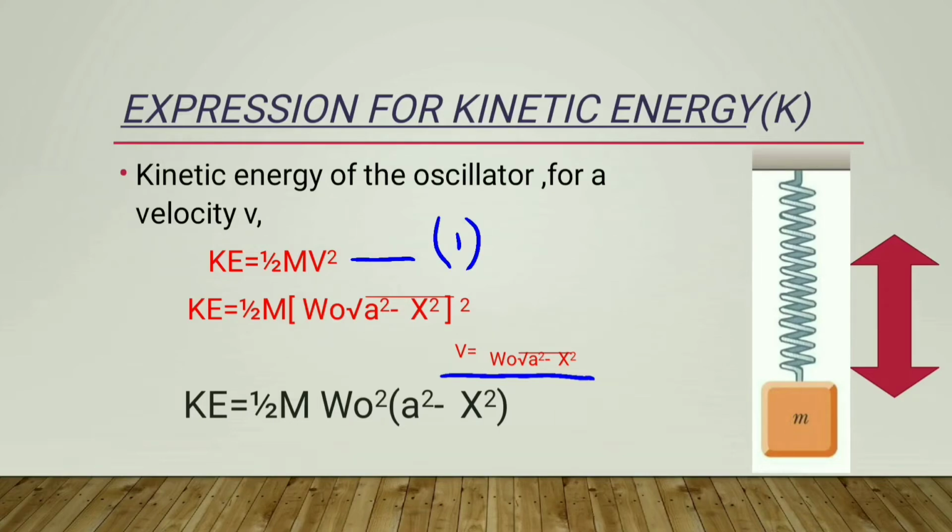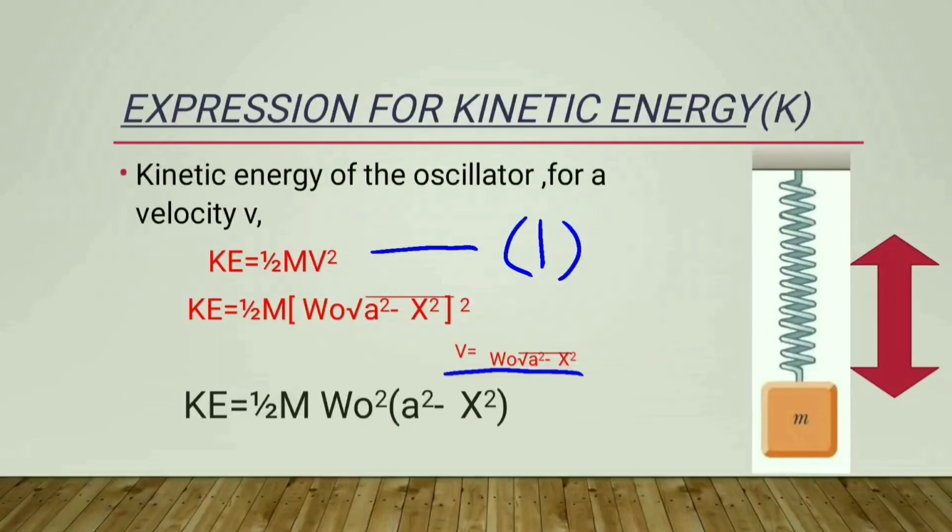So substituting the v in equation number 1, we get kinetic energy equal to half m into omega 0 root of a square minus x square, all raised to 2. That is, squaring the velocity term, we get kinetic energy equal to half m omega 0 square into a square minus x square.